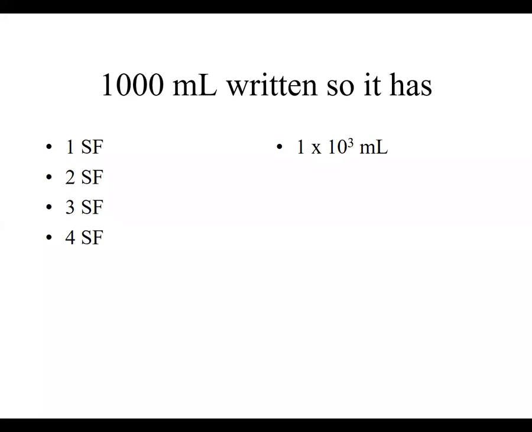When you write a number in scientific notation, only the mantissa, the part that comes before the x10, is the only part that is significant, that conveys information on significant figures. So the power of 10 just gives you the size of the number.